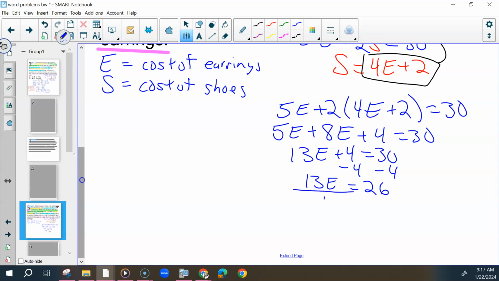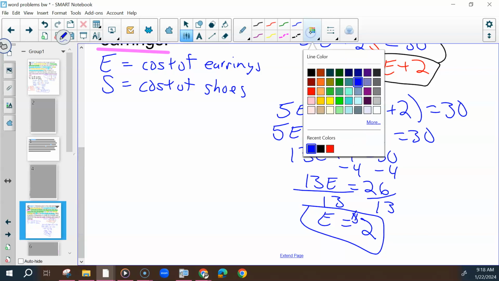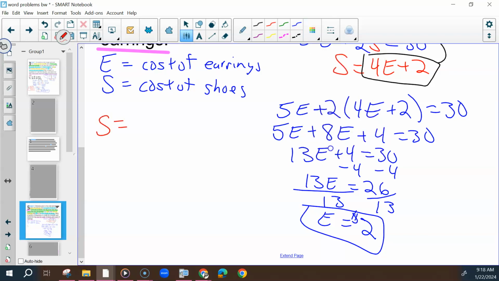What is the cost of earrings? $2. And then we can use that to go back and find the cost of the shoes, which is what? 10. 10 what? $10.